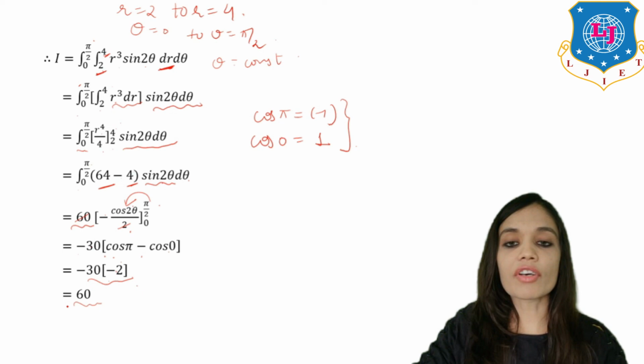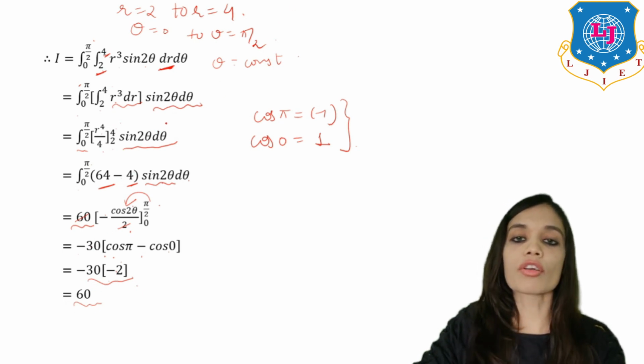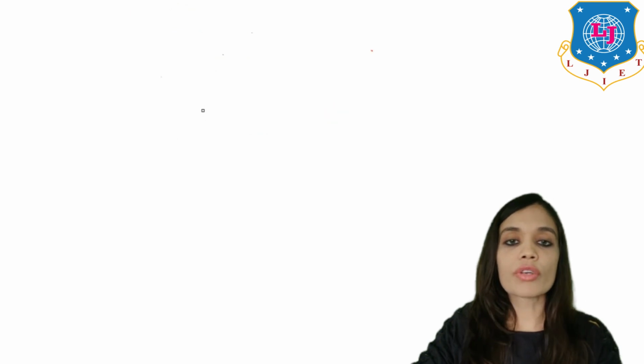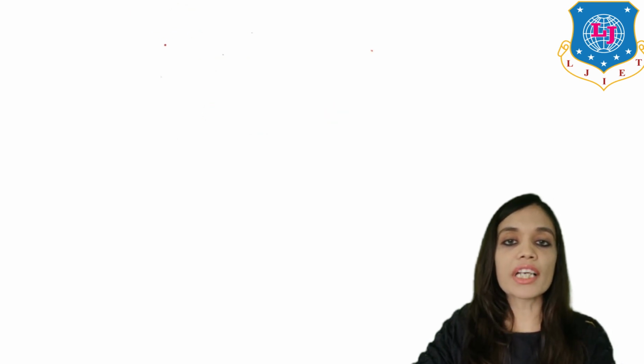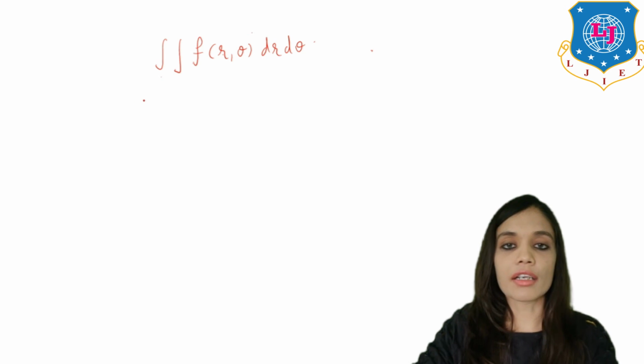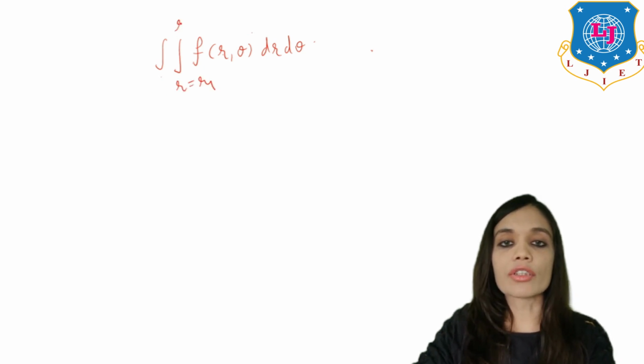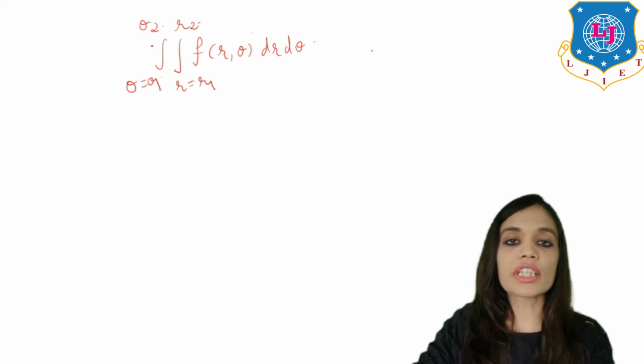Okay, so this is our answer of the given double integral over polar coordinates, right? So in today's session you have studied the double integral over polar coordinates, that is the integral of f of r comma theta dr d theta, right? And your limits will be r from r1 to r2 and theta from theta 1 to theta 2.